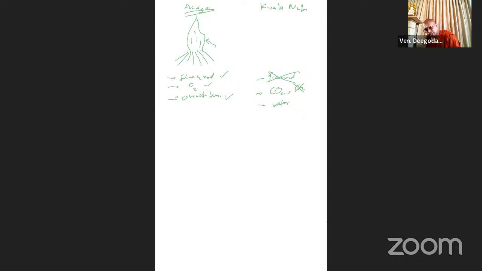So if you remove the firewood, the oxygen, and the temperature, then that would extinguish the fire. And that is exactly what we should do, and that is what we do with Kusala Mula cycle.